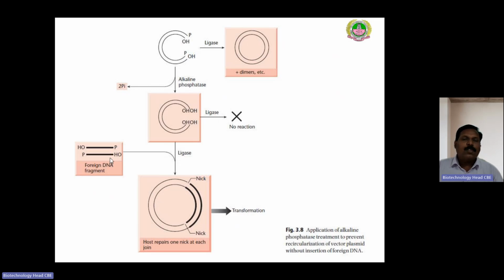And once you introduce a foreign DNA fragment to construct a recombinant DNA and fuse with the modified vector, these two recombine with the help of the ligase enzyme. The ligase enzyme will supply the phosphodiester bond connection, also the phosphate moiety, which will help in repairing the nicks and create a recombinant DNA.